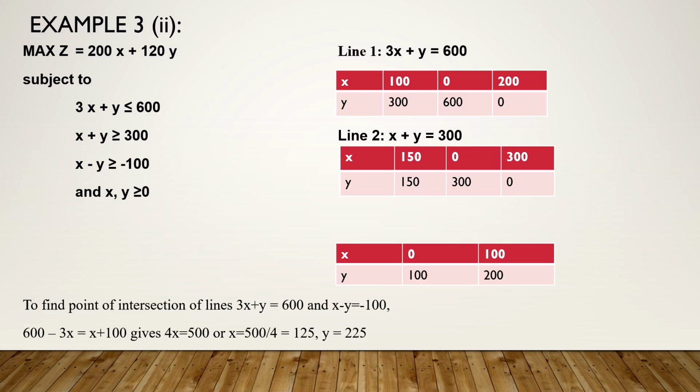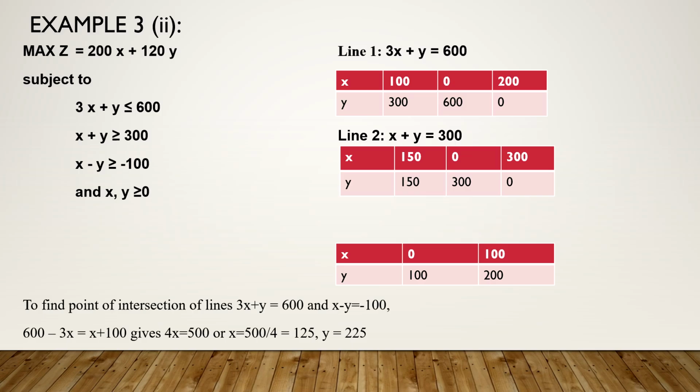Next, we plot the points. The points will be the same because we are plotting in the form of lines, equalities. So the points which we have used previously, the same points we are using. Only the difference will be in the feasible region. And as I told you, if you want to find over here the point of intersection, you will be needing this when you see the graph of the lines 3x plus y is equal to 600 and x minus y is equal to minus 100.